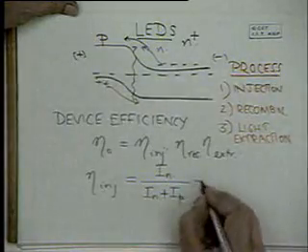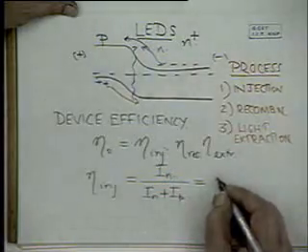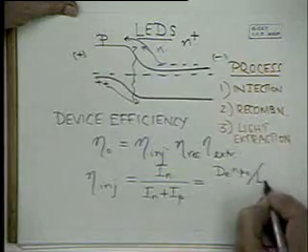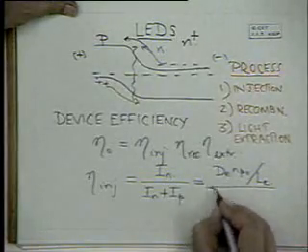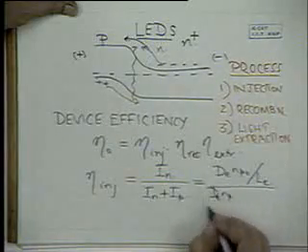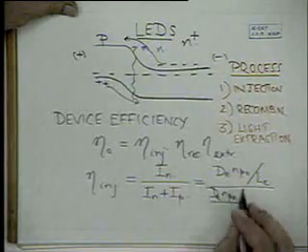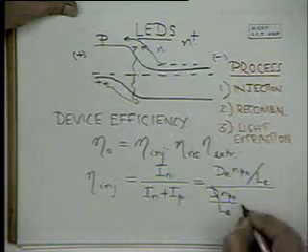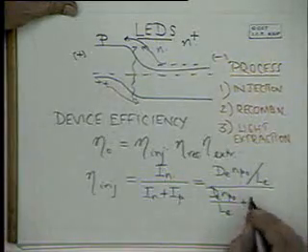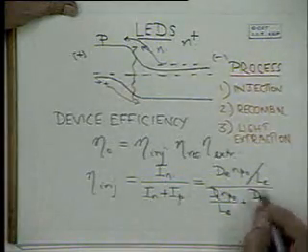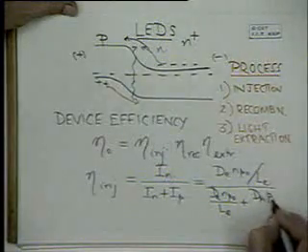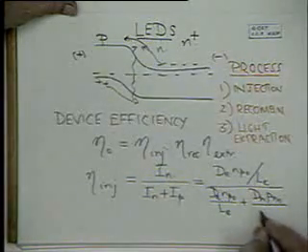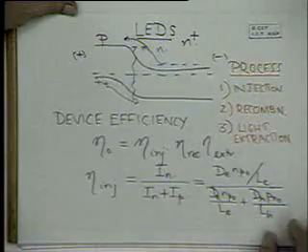And this, from the Shockley theory of PN junctions, is just DE NP0 by LE over DE NP0 by LE plus DH PN0 by LH. DE is the diffusion coefficient of electrons, NP0 is the minority carrier concentration of electrons in the P region in equilibrium, LE is the diffusion length of electrons, and DH is the diffusion coefficient of holes in the N-type region. PN0 is the concentration of holes in the N-type region, and LH is the diffusion length.